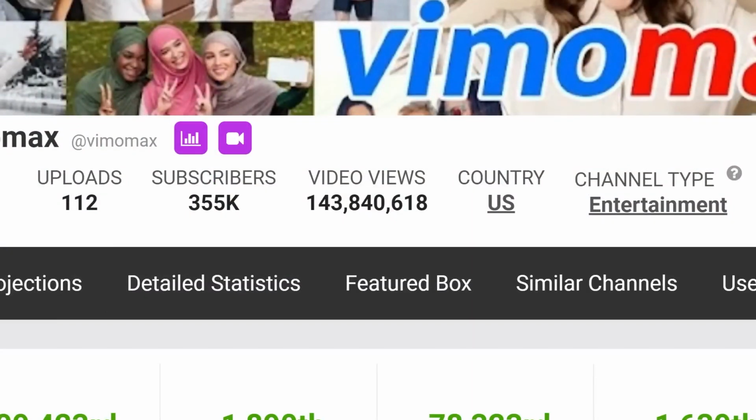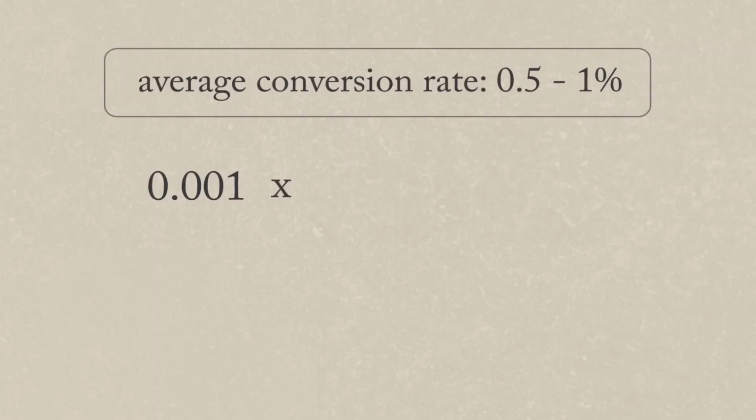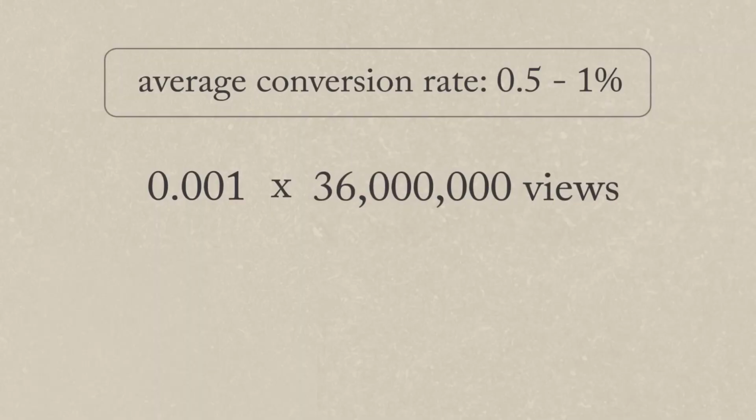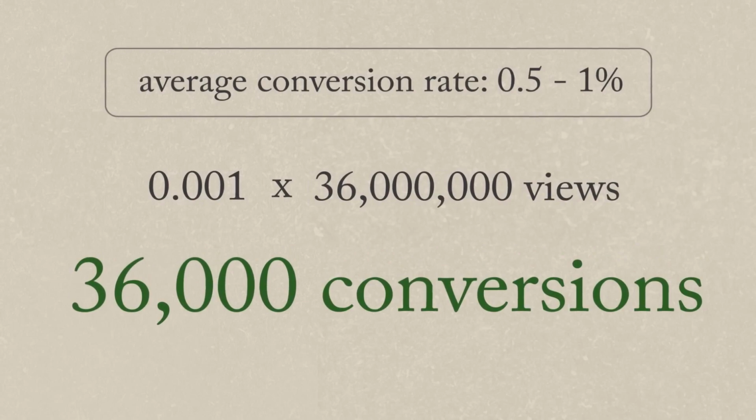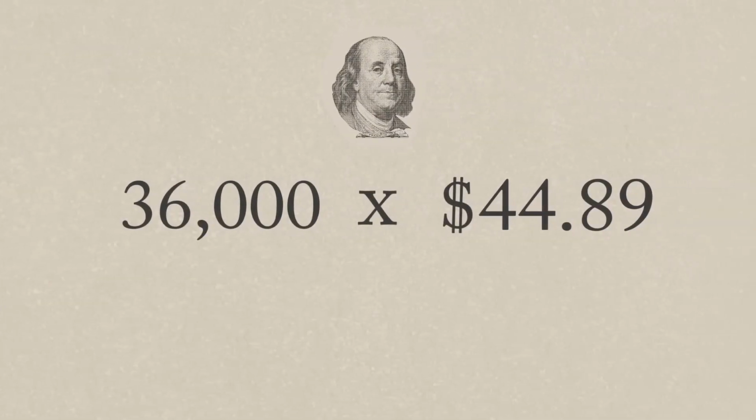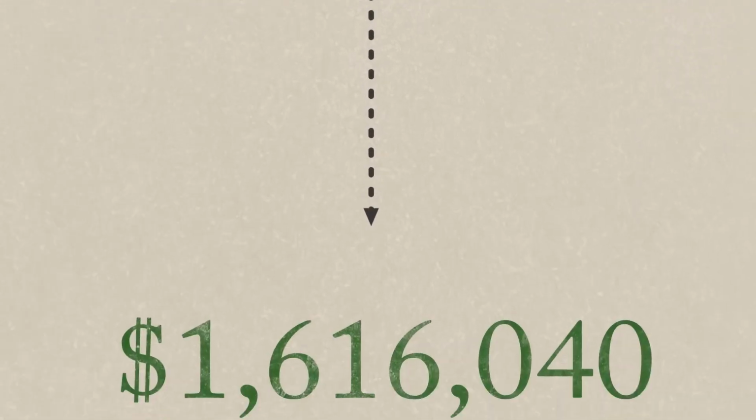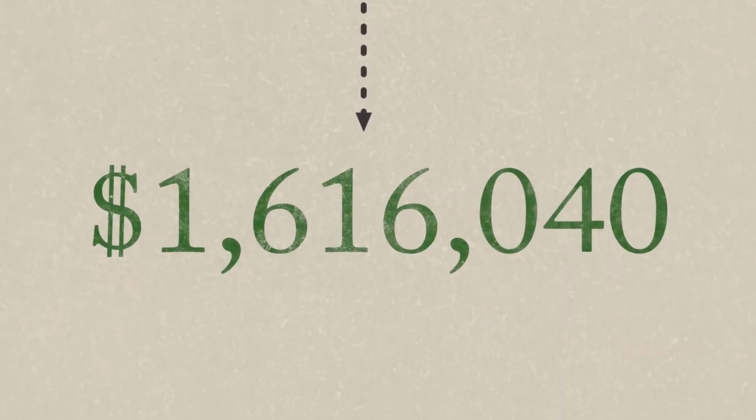Again, let's go really conservative and say you got 75% less views than that. So 36 million views. That comes out to 36,000 conversions. 36,000 conversions multiplied by the average kickback for this digital product, $44.89, would leave you at $1.6 million in sales. Now, you definitely have to put in the work, but again, these are the conservative numbers. Pretty damn good, I'd say, just for copy and pasting content.